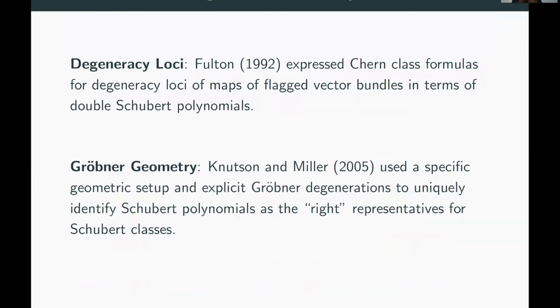Fulton expressed certain Chern class formulas for degeneracy loci in terms of double Schubert polynomials. And then later, Knutson and Miller built on this idea and created a theory around Gröbner geometry to really canonically identify Schubert polynomials as the right coset representatives for these Schubert classes under the Borel isomorphism. So I'm going to, in the next section, unpack that idea a little bit more and explain this Gröbner geometry story.